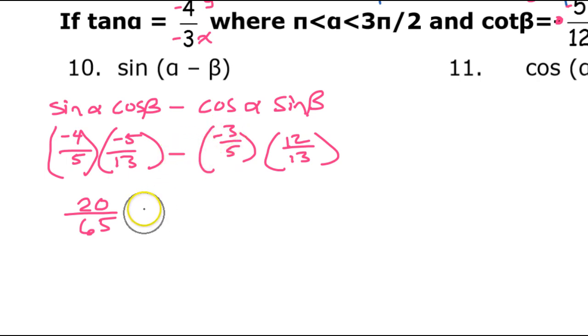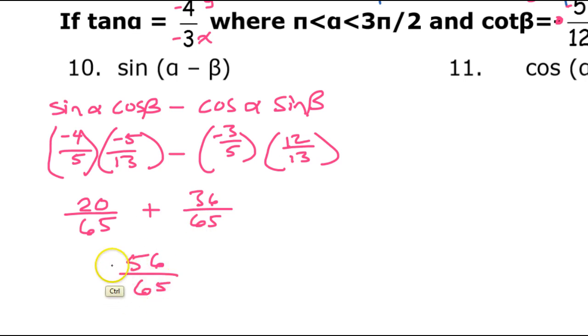Minus a negative is a positive. So this is going to be plus 36 over 65. So when you add these together, this is going to make 56 over 65. And that's going to be the answer.